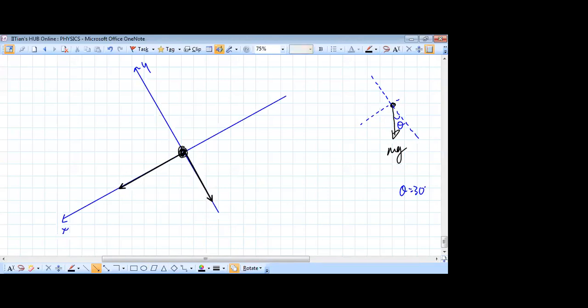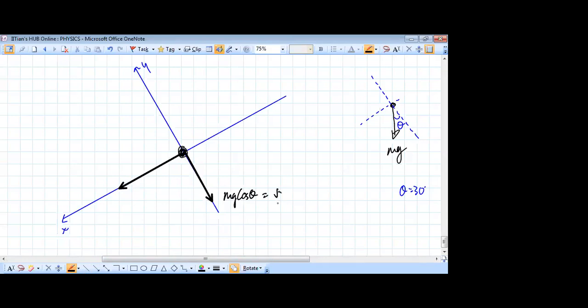ये mg के components होंगे. These will be the components of mg. And how much will this component be? This component will be mg cos theta.